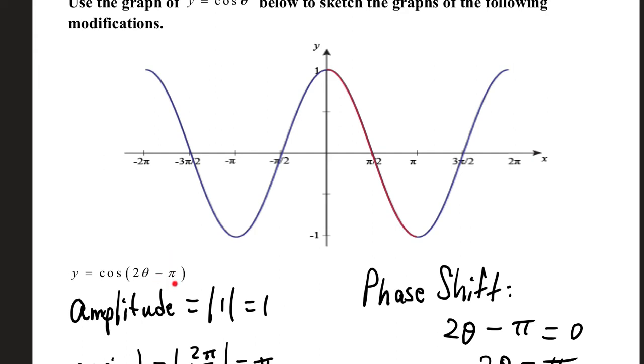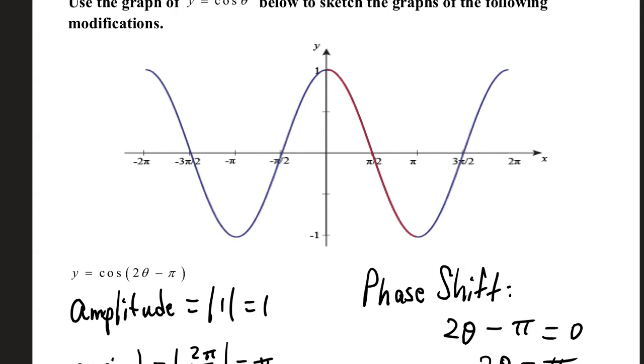And now we have this extra term in the angle, and that results in a horizontal shift called phase shift. If you take 2 theta minus pi and set it equal to 0, when you isolate your angle, theta, you get pi over 2. Pi over 2 will be the starting angle for one cycle of your graph.